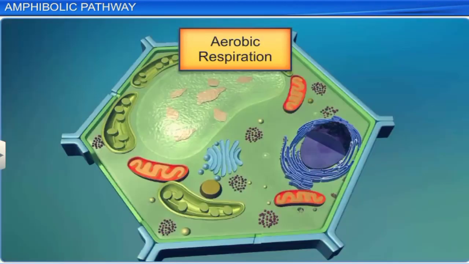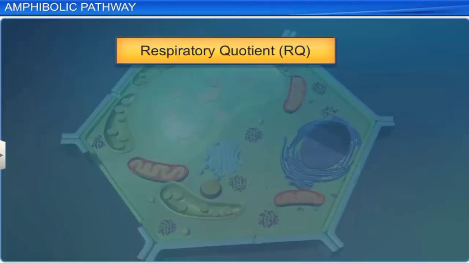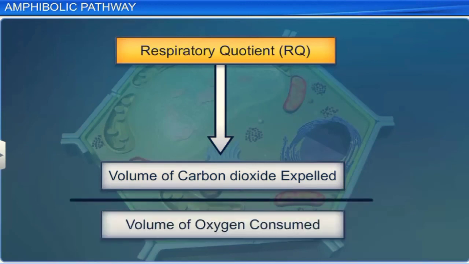As you know, aerobic respiration involves the consumption of oxygen and expulsion of carbon dioxide. The respiratory quotient, RQ, or respiratory ratio, is calculated based on the volume of carbon dioxide expelled to the volume of oxygen consumed.